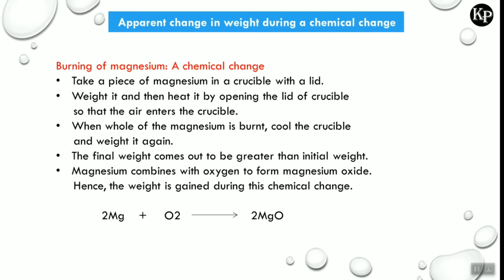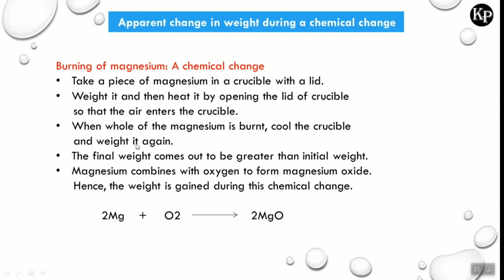Apparent change in weight during a chemical change. See the reaction, the burning of magnesium. When magnesium reacts with oxygen, magnesium oxide is formed. You can perform this activity. Take a piece of magnesium in a crucible with a lid, weigh it, then heat it by opening the lid of the crucible so that air enters.